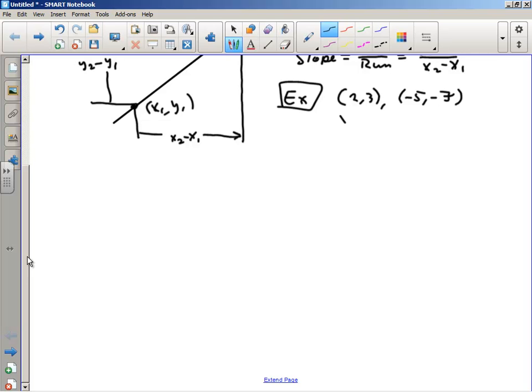If you're not really strong on this, you want to write this down every time. After the first 5,000 of these, I stopped writing the x1, y1, x2, y2. But it's nice to label them there, because then you can say slope equals m equals y2 minus y1 over x2 minus x1. Until you're totally solid on this and don't ever have to look it up, write that formula down every time. That's your drill.